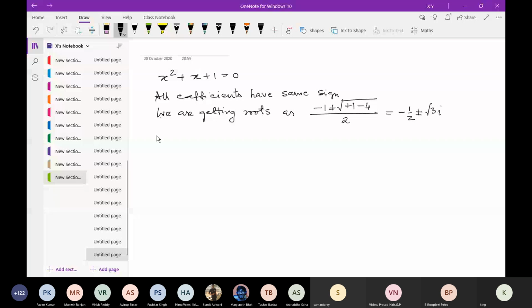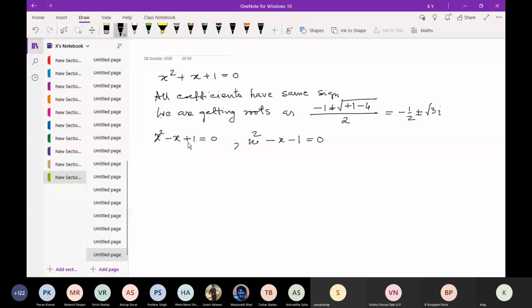Now, if you have x square minus x plus 1 equal to 0, you will recall in some of these cases you will be able to factorize easily, or you will get a root with a positive part.